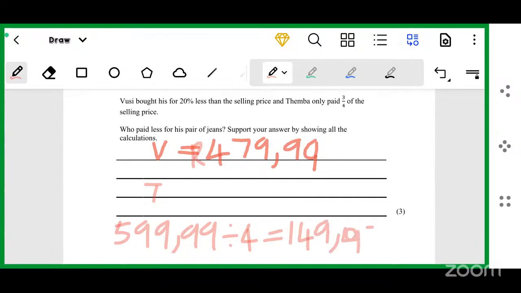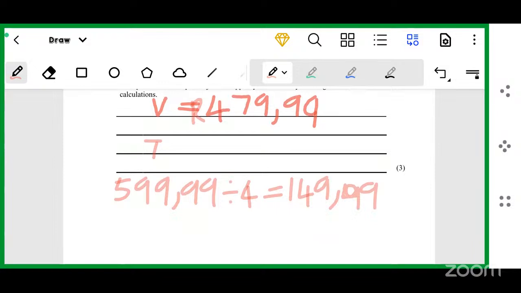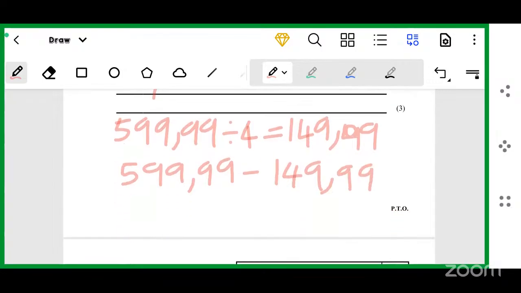Then I put 599.99 minus 1/4, so it's 1 minus 1/4, 599.99 minus 149.99. And what is that now?